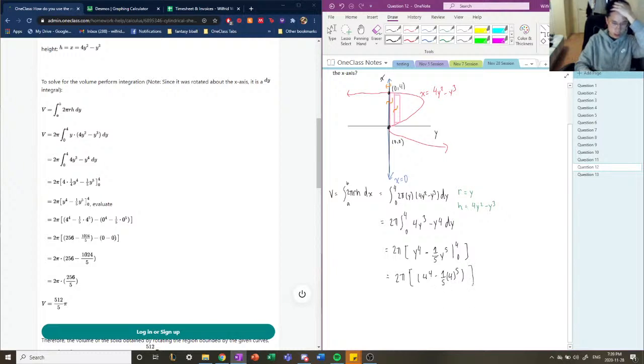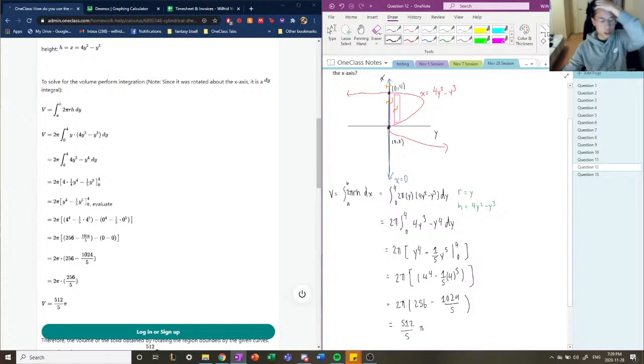Okay, so this is our definite integral. So we're going to calculate this, which is 2 pi times 256 minus 1024 over 5. Okay. And that's equal to 512 over 5 pi.